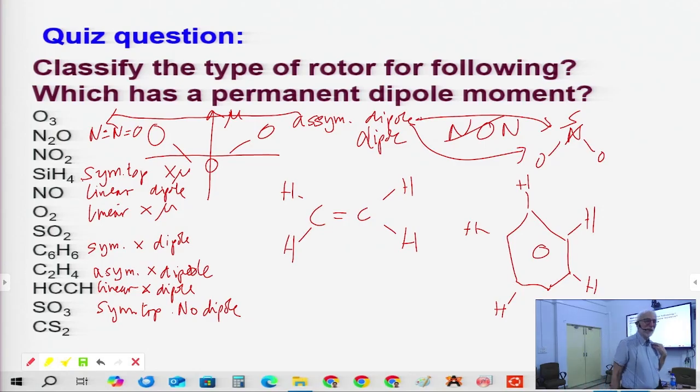Lady in the white shirt there. CS2. It looks like that. Basically, it's an analog of carbon dioxide. Linear molecule, right? Does it have a dipole?